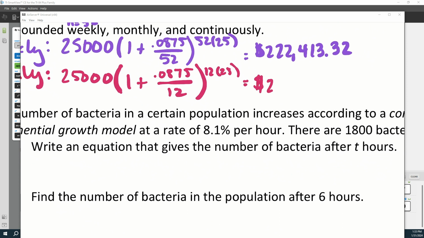So that made about $1,000 difference. A little bit more than $1,000. Around $1,300 difference.